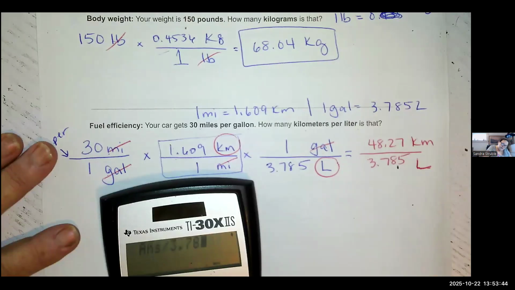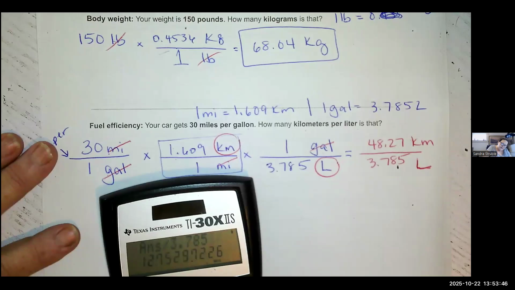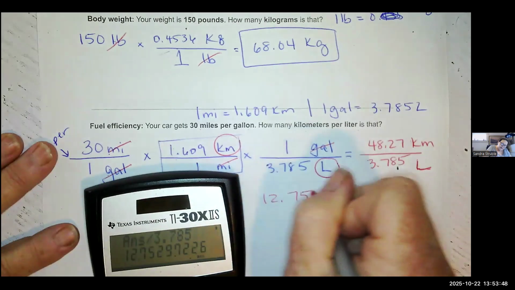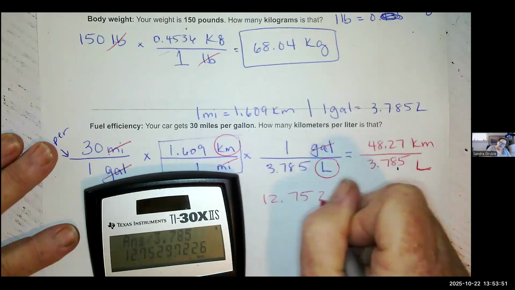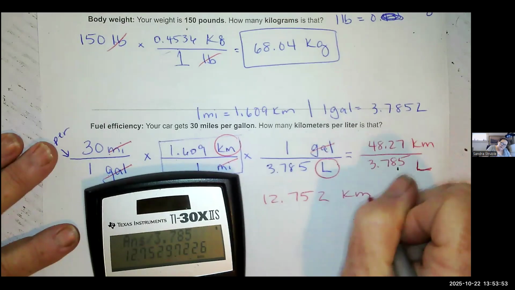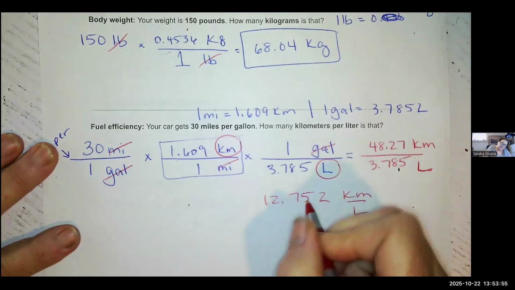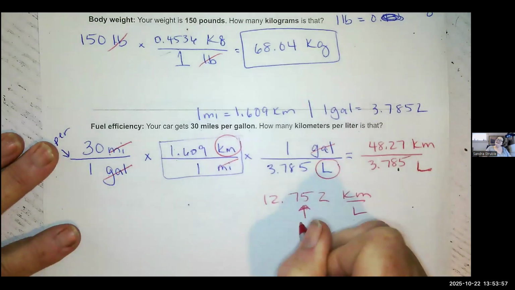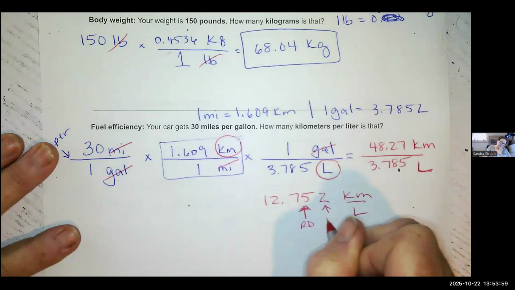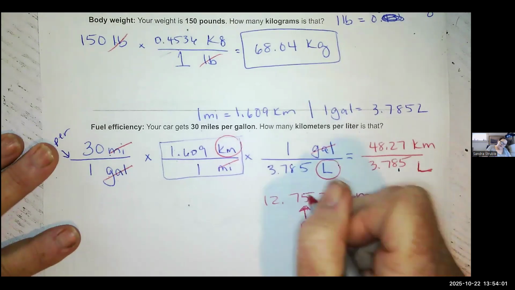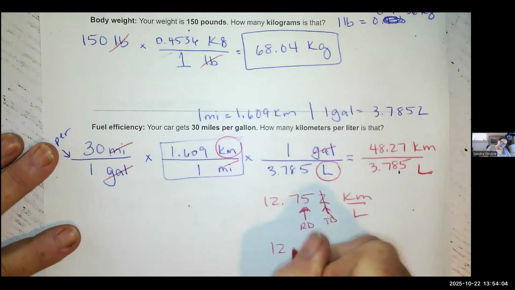And I get 12.752 kilometers per liter. I'm going to round this to 2 decimal places. That'll be my rounding digit. 2 is my testing digit. Testing digit is less than 5, so it just goes away. So 12.75 kilometers per liter.